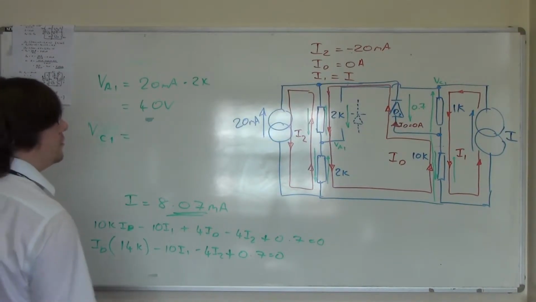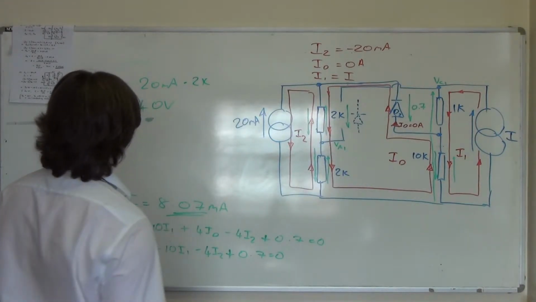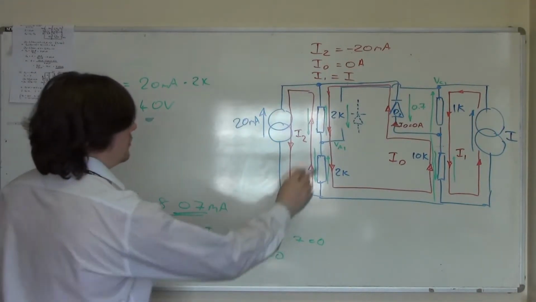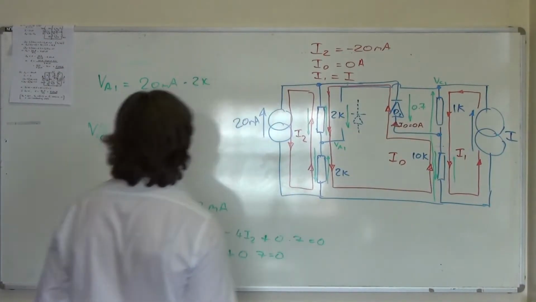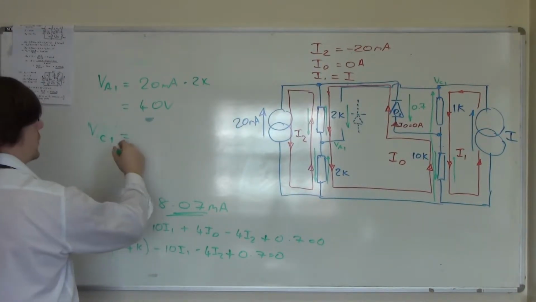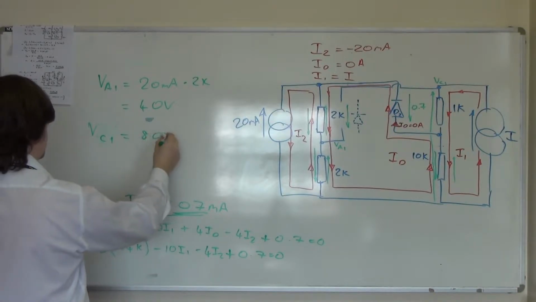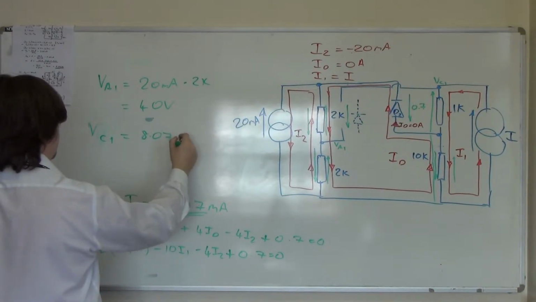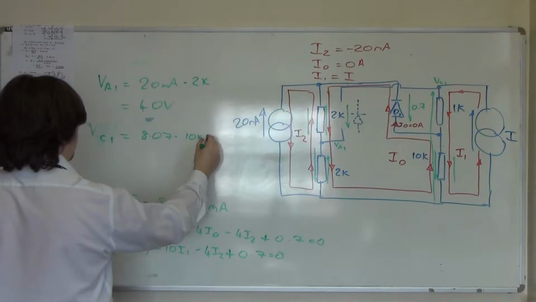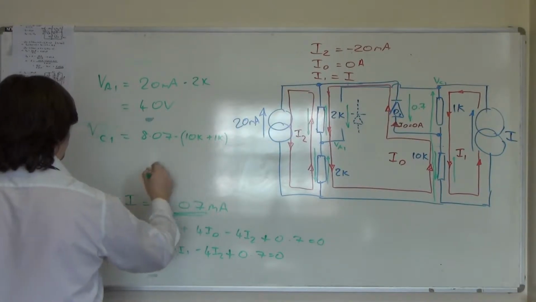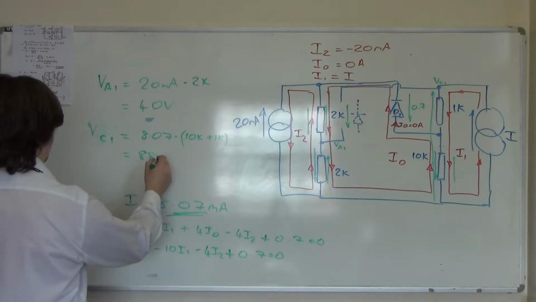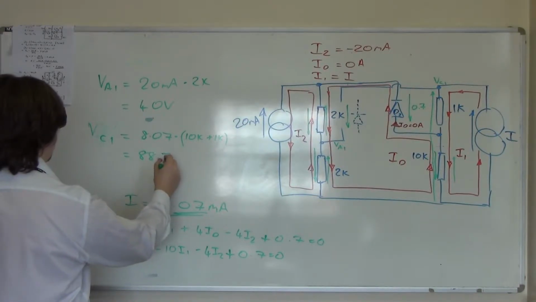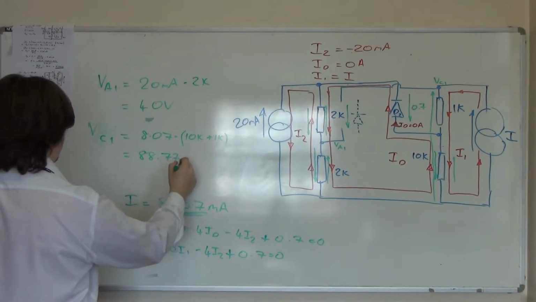VC1 is I1, the missing current, which is 8.07 milliamps, times the 1k plus the 10k, because it's the voltage there to there. So we've got 8.07 milliamps times 10k plus 1k, which is 88.77 volts.